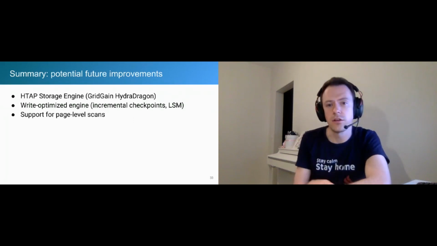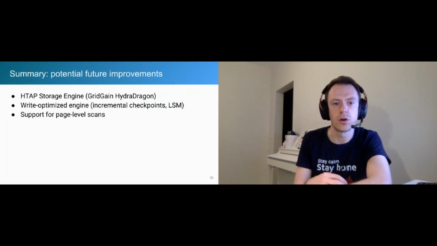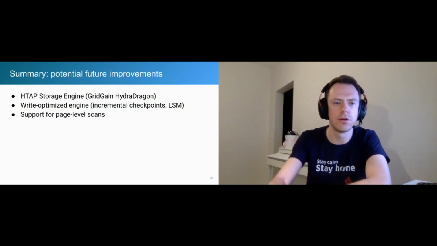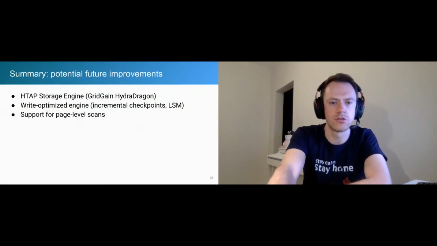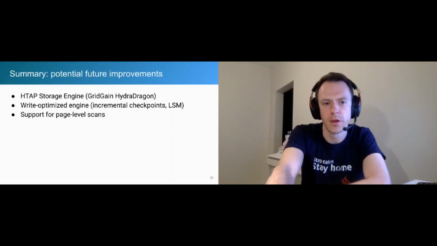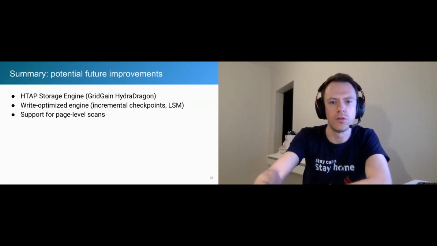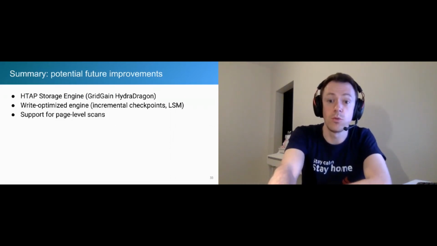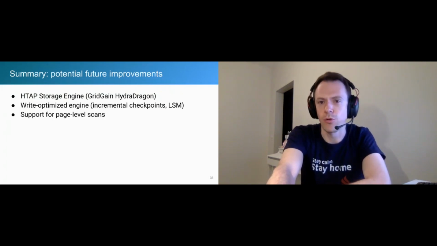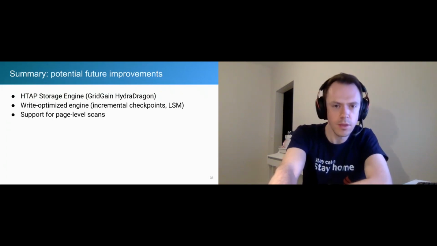And finally, a quite local improvement, but still very important, would be to support page level scans. Probably some or all of these improvements will be implemented in Apache Ignite 3.0 or 3.x.